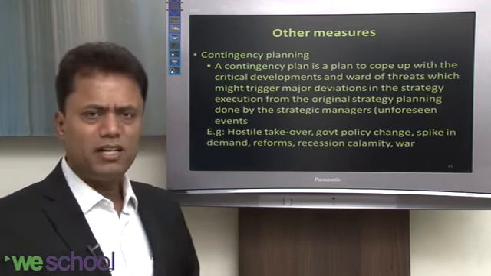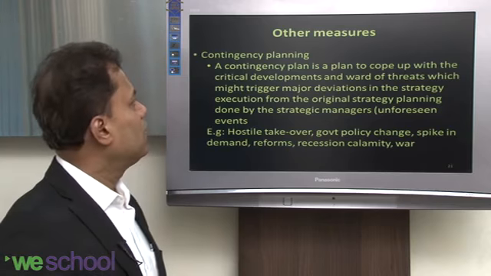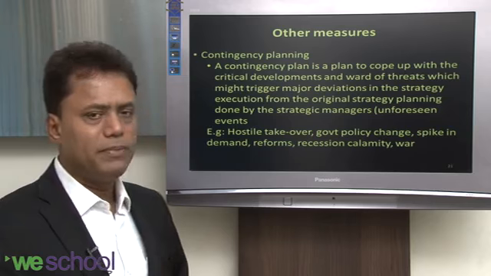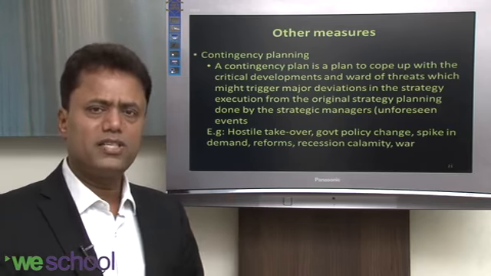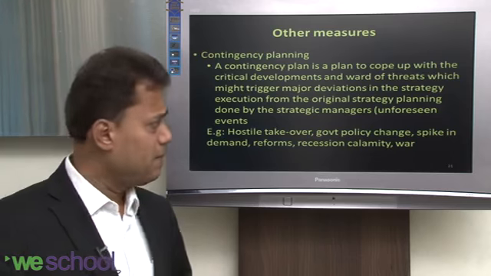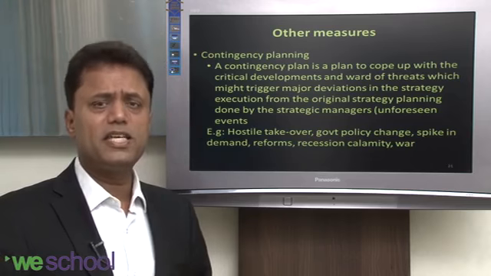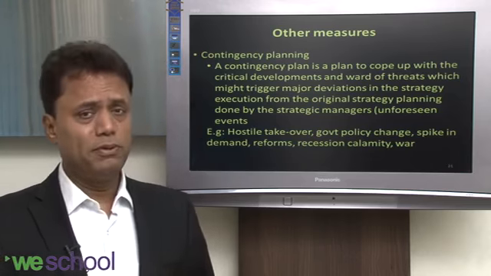Contingency plan. What kind of contingency plan are you incorporating within the system? A contingency plan is a plan to cope up with the critical developments and ward off threats. How do you protect your organization from the external risks and threats? So you need to have a clear contingency plan and risk mitigation plan. Business continuity plan could be one.